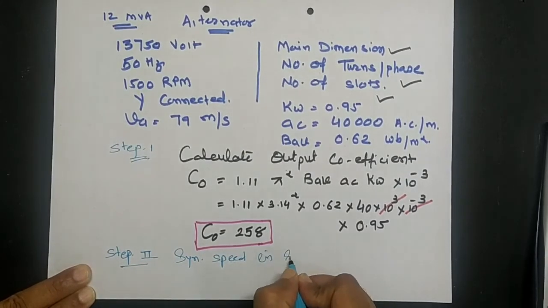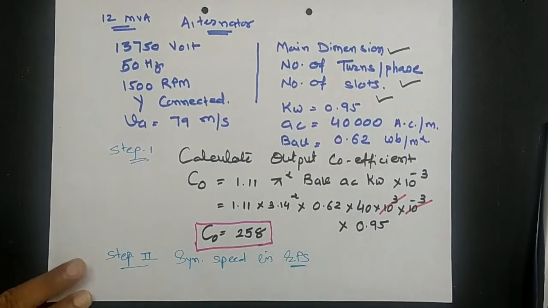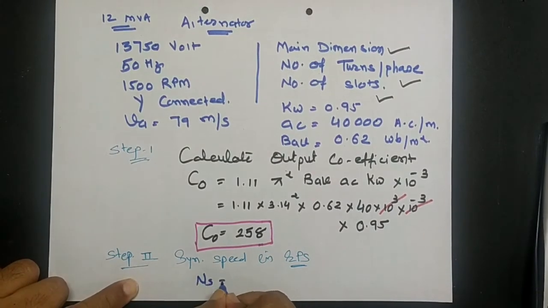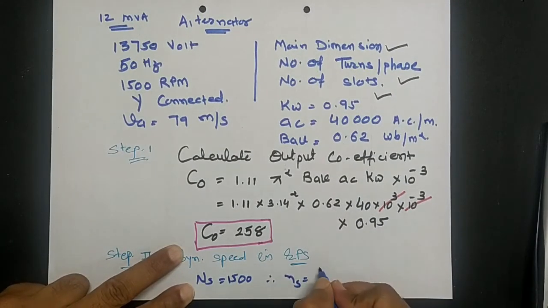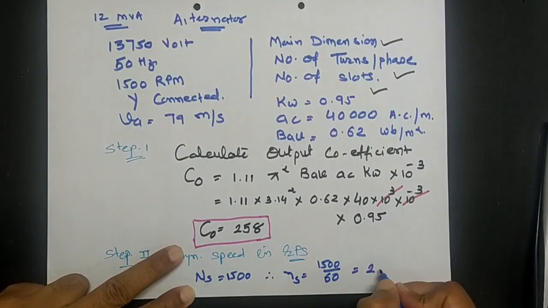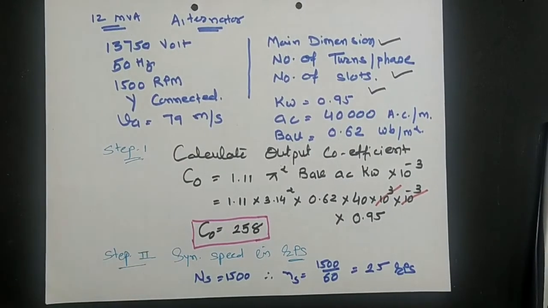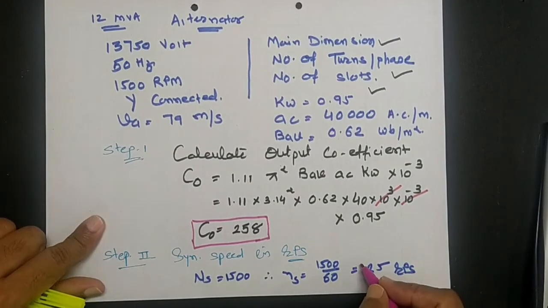We have been given the speed, ns, 1500, and therefore synchronous speed in revolution per second is 1500 divided by 60, and it comes to 25 rps. So the second part is also completed.